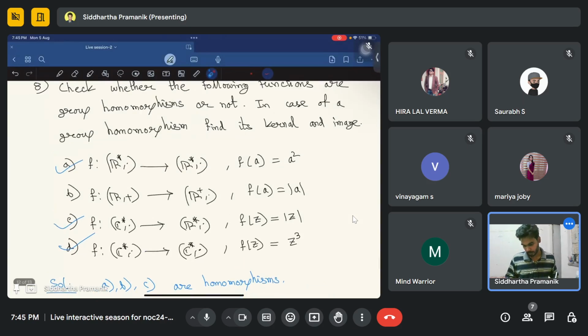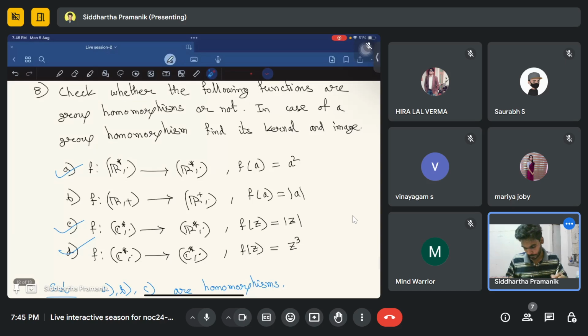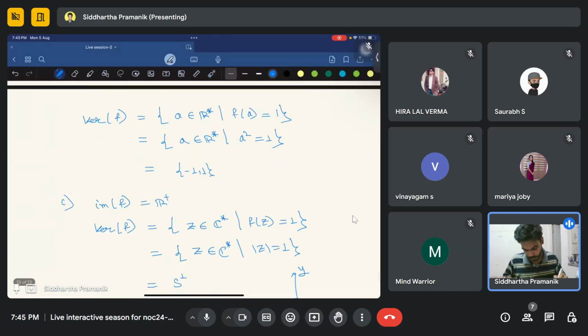Okay, let's do one interesting problem about group homomorphisms.